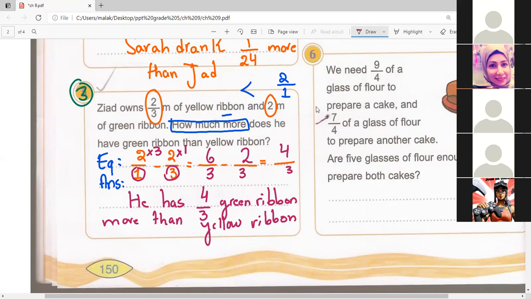Okay. Yes, Zainab. I will do problems 7 and 8. Yes, but now let's continue problem 1.